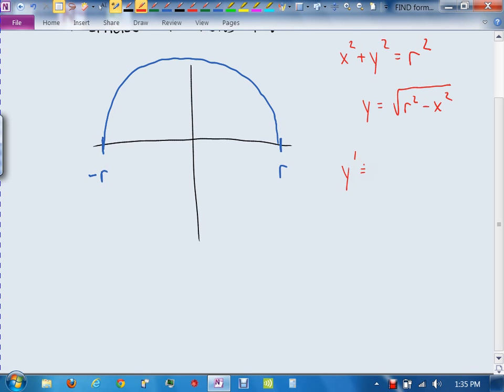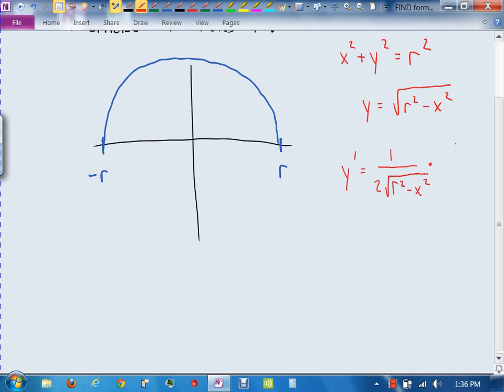which is, what's derivative of square root of something? 1 over 2 times that something, root of that something. So 1 over 2 times the root of that something times, though, chain rule, the derivative of what's inside. Careful, r is a constant, right?